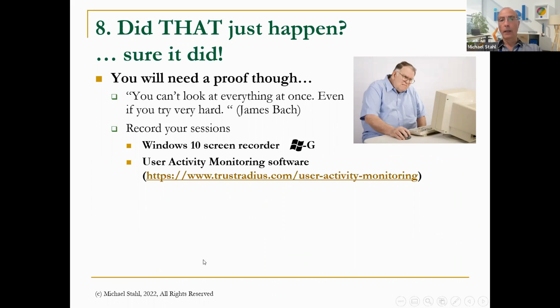And if you are in a situation where you feel that these things are happening, one of the solutions, and I've been using this for a long time, is to continuously record the screen. If you don't want to spend too much time on it, you don't want to spend money on any recorder, actually, Windows 10 has a screen recorder built into the system.